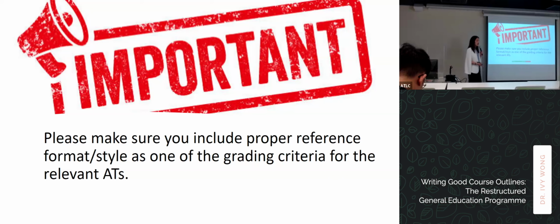But that's not okay, right? So make sure that this is in all the written assessments and all those that require students to do citation or to make reference, they need referencing materials, then you need to have this in your grading criteria, even if you use the holistic one.